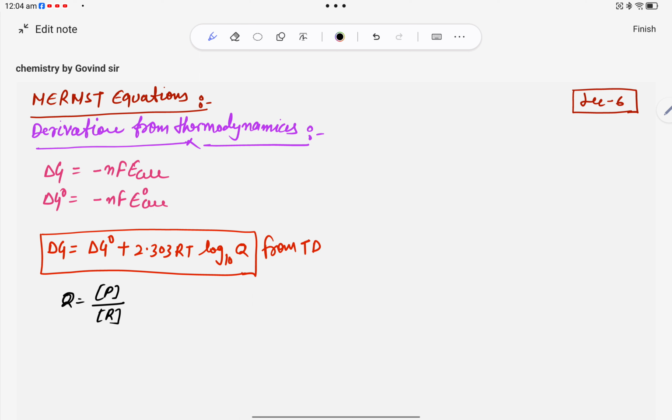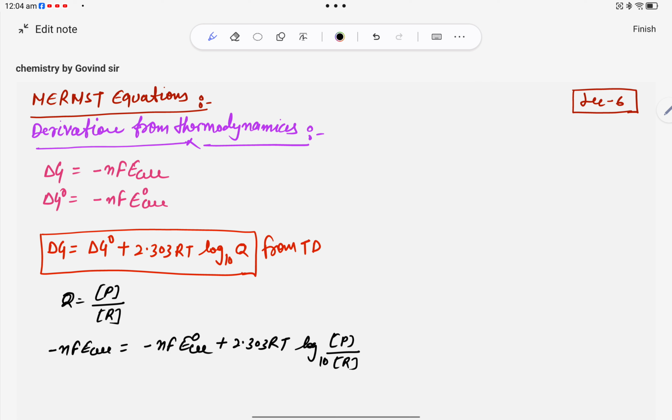Put the values of delta G and delta G naught: minus NF E cell is equal to minus NF E naught of cell plus 2.303 RT log concentration of product upon concentration of reactant.